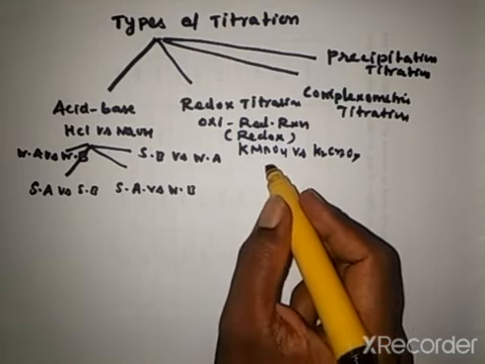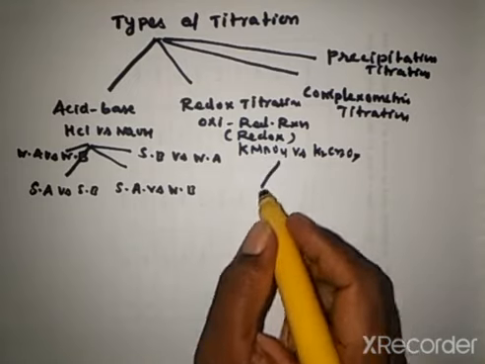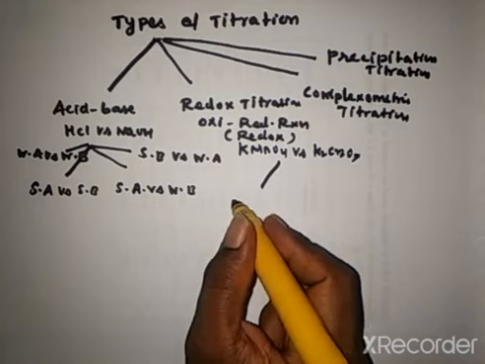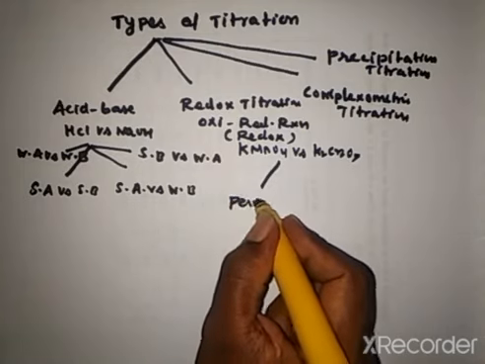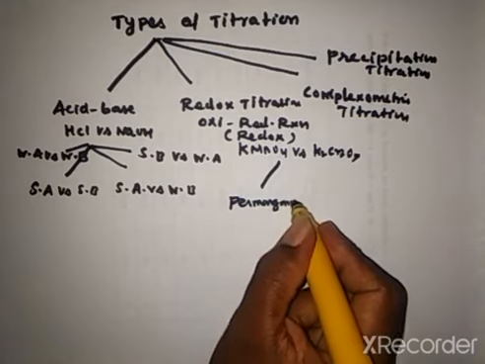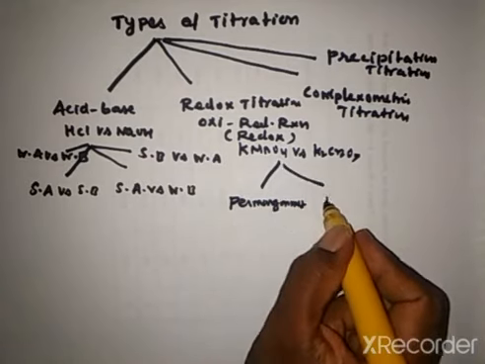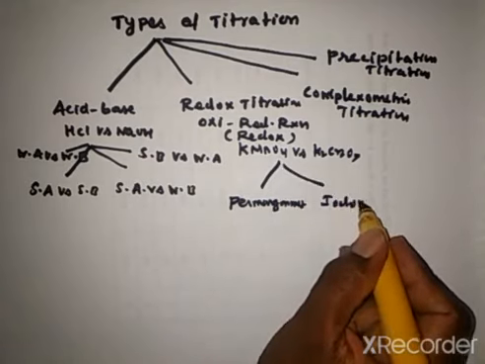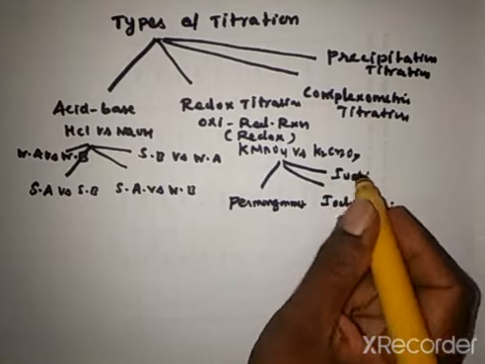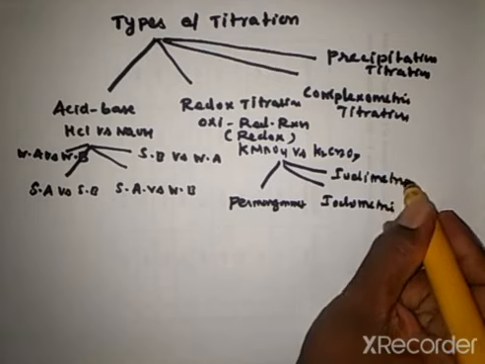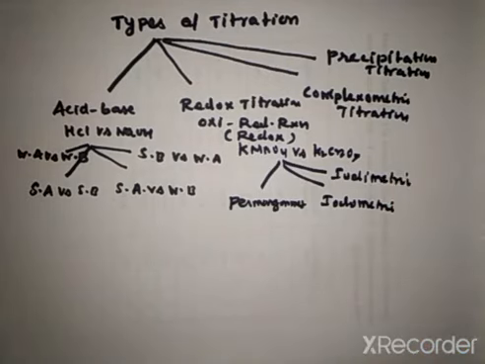This redox reactions we have further types: permanganometry, iodometric and iodimetric. So these are the further types of redox titrations.